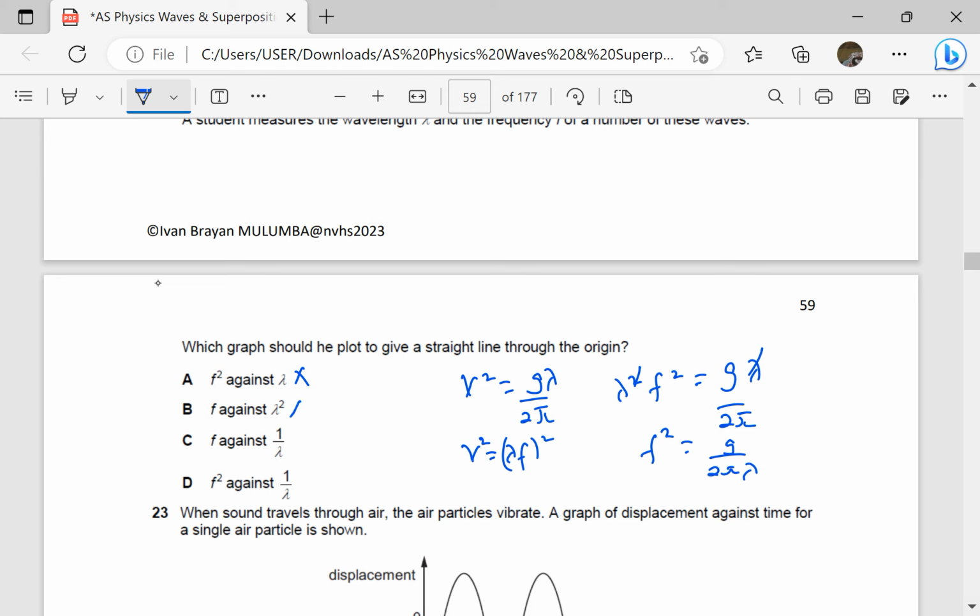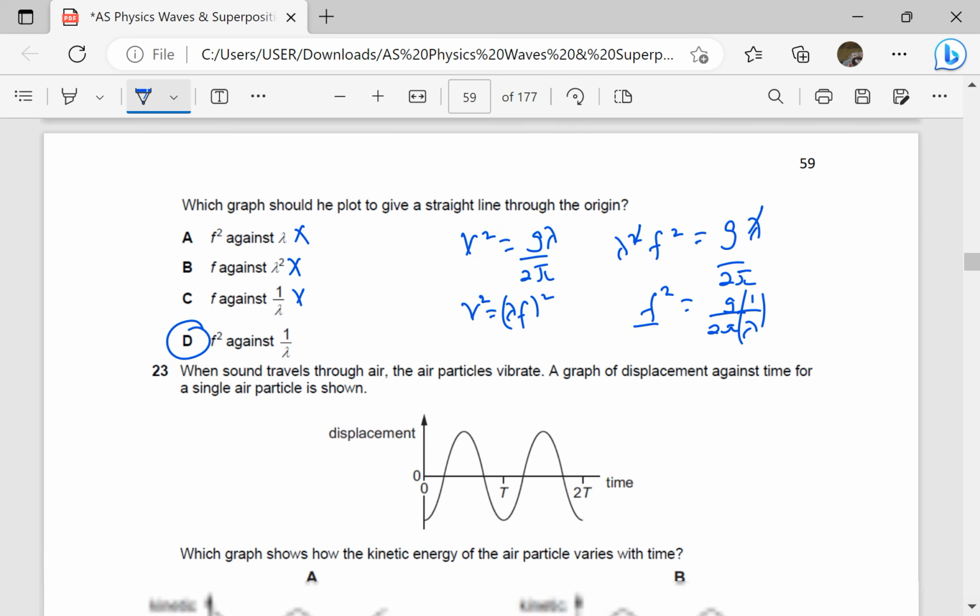This one is also not a straight line, we don't have f directly proportional to lambda squared. And this one will also not be a straight line, we don't have f directly proportional to 1 over lambda. But we have this one, f squared is inversely proportional to lambda, which means f squared is directly proportional to 1 over lambda. So this one will give us a straight line.